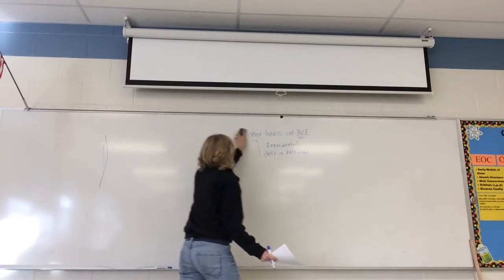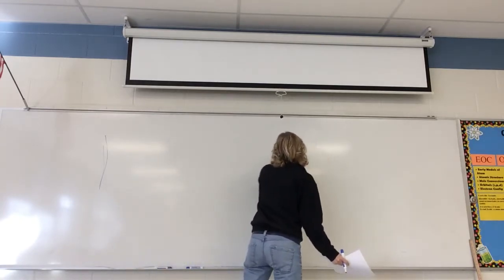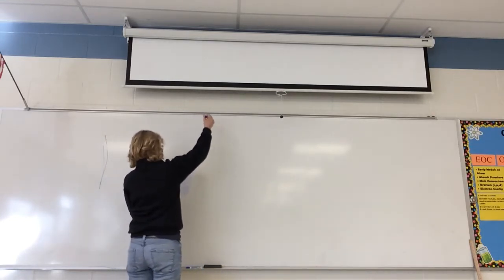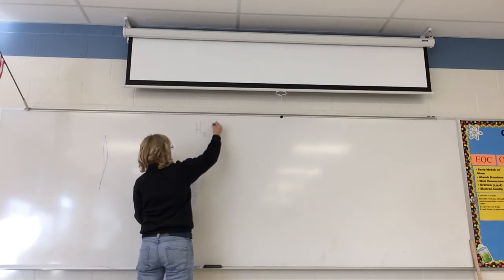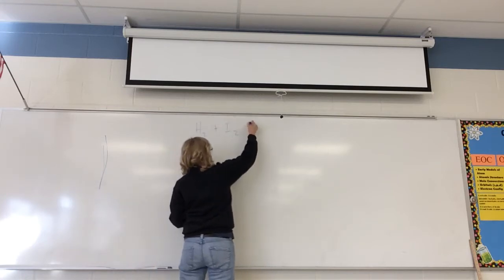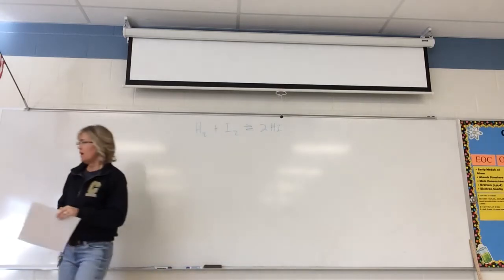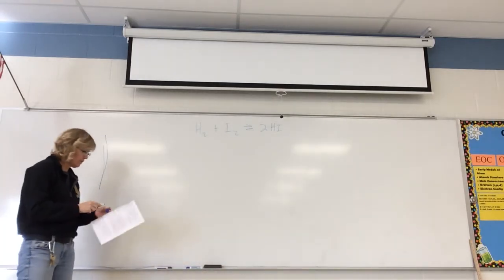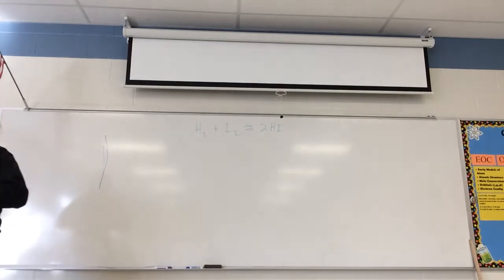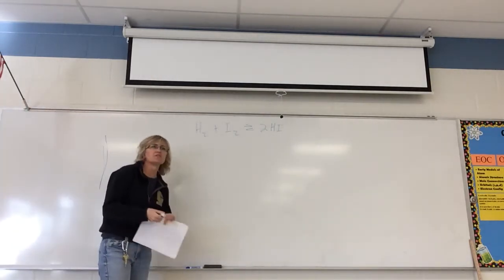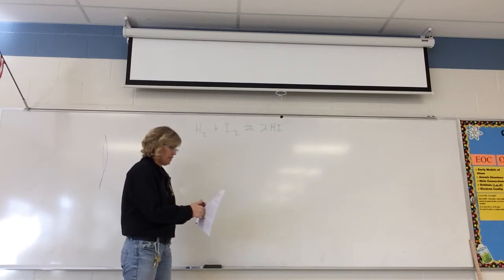Okay, so here's an equation. You've got this particular reaction, H2 plus I2 going to 2HI. Those are all gases, by the way. Remember, I told you in your lecture notes, if it doesn't say, just assume it's a gas.